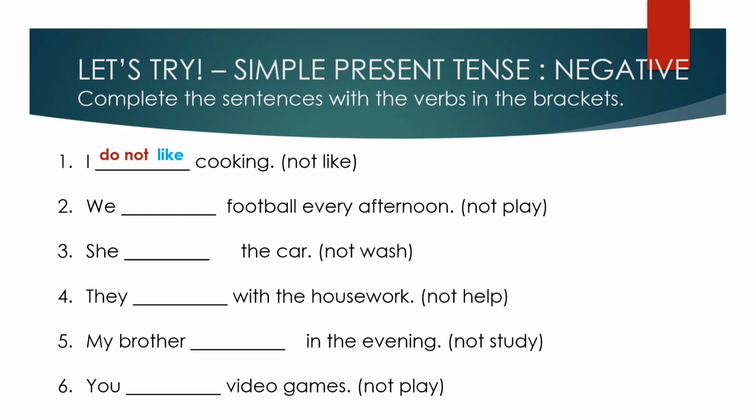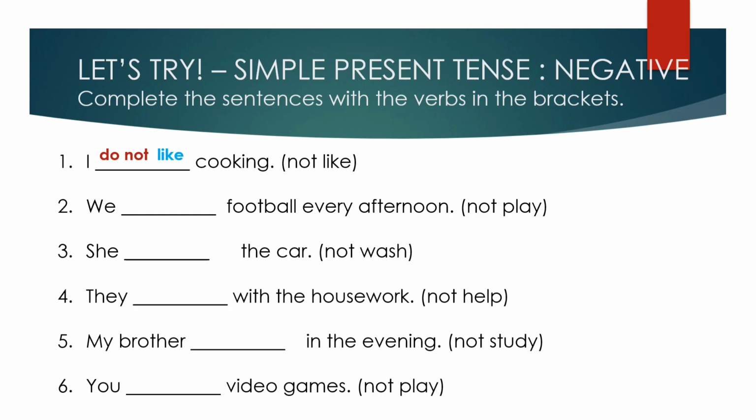Remember, for the subject pronoun I, we, you, and they, if you want to use a negative form, we have to use do not or don't. For he, she, it, we have to use does not or doesn't.